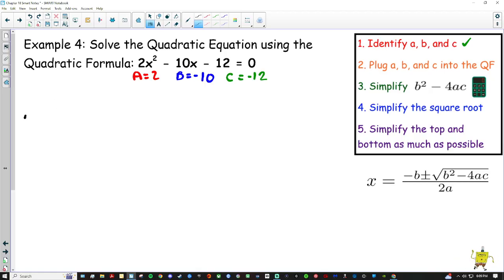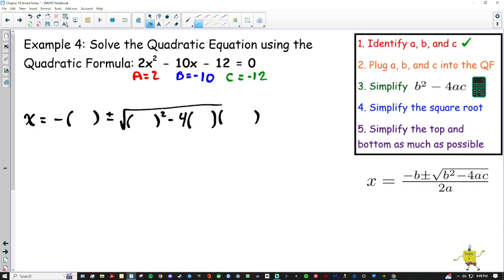So I have x equals -b, put in parentheses, plus or minus the square root of b, so put in parentheses, squared, minus 4, parentheses, all over 2 times our a value, parentheses.